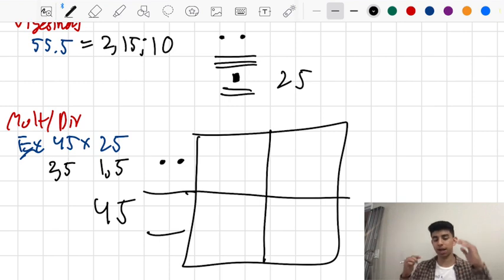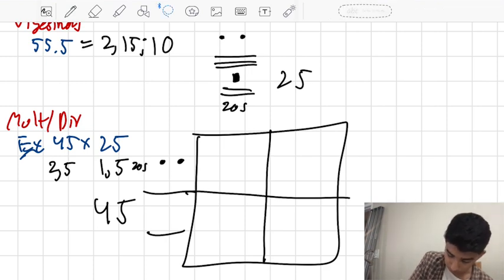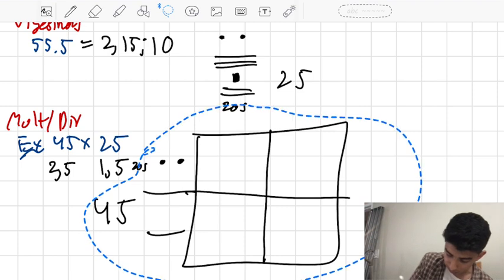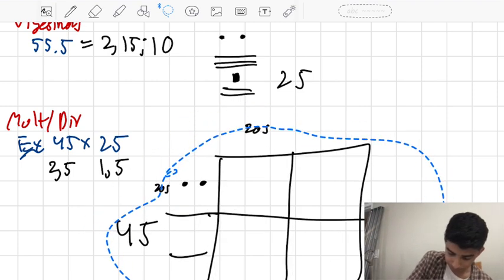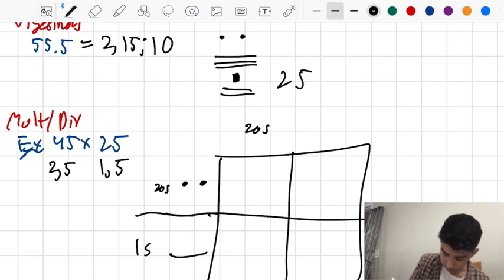And on top, we're going to have the numerals actually rotated horizontally. So the 20s will be here, 20s, ones place, 20s, ones place.